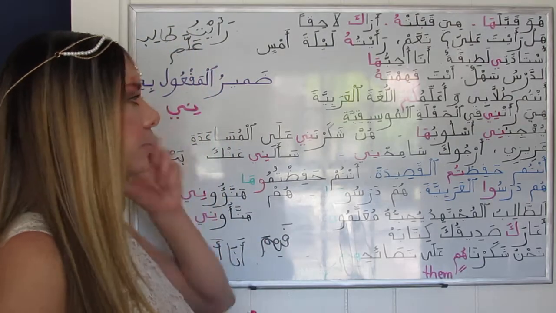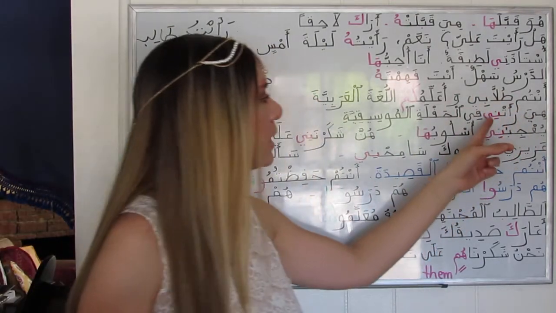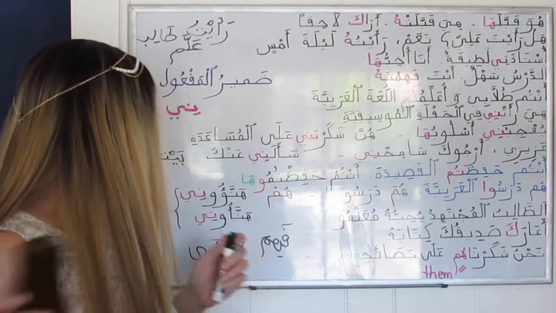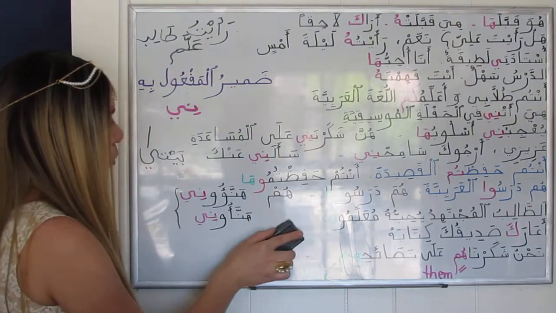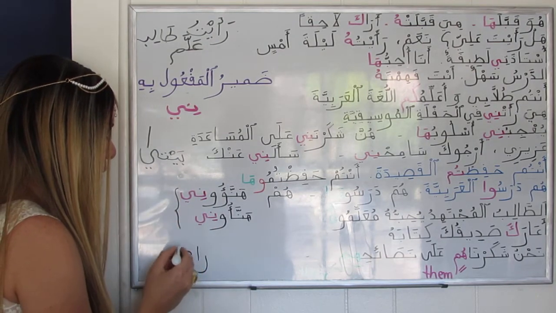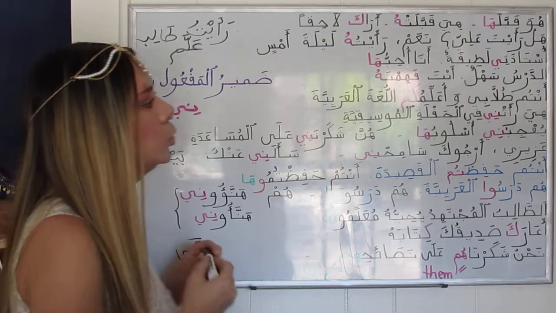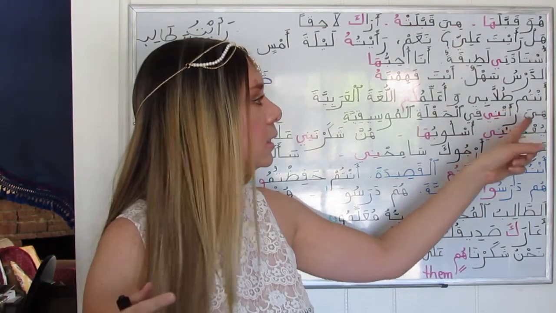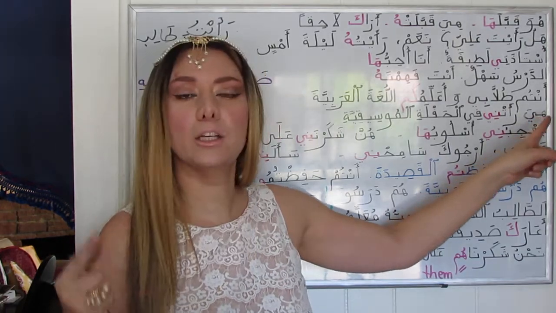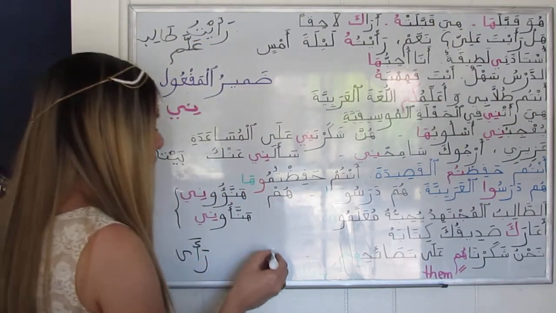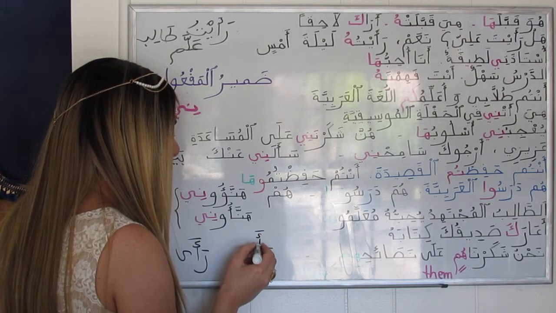For example, هي رأتني في الحفلة الموسيقية. Again here we have the verb رأى, to see, conjugated in the past tense, third person singular, feminine, هي, she. هي رأت is the conjugation, رأت.